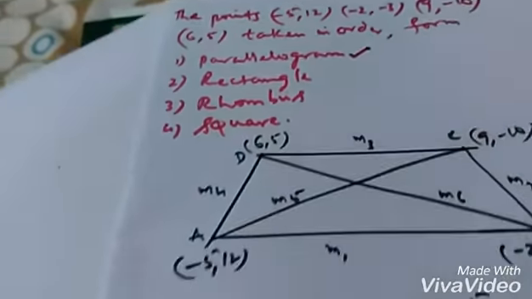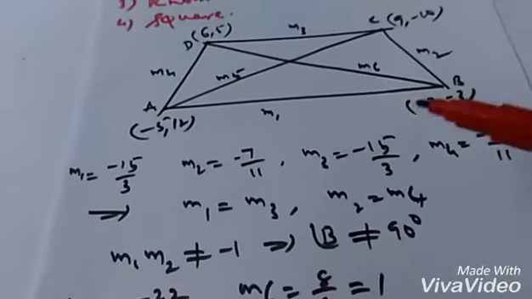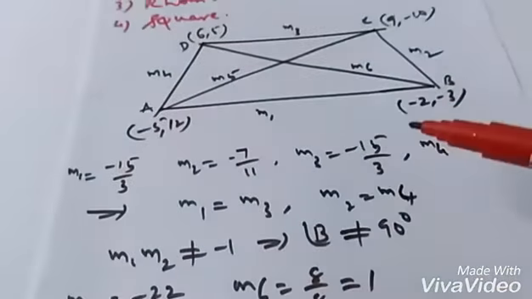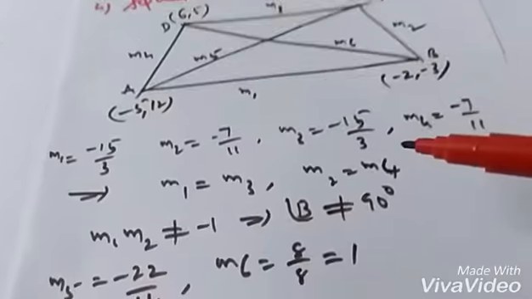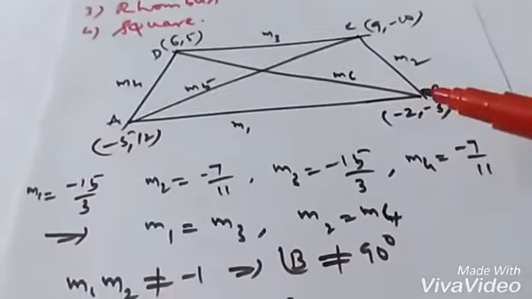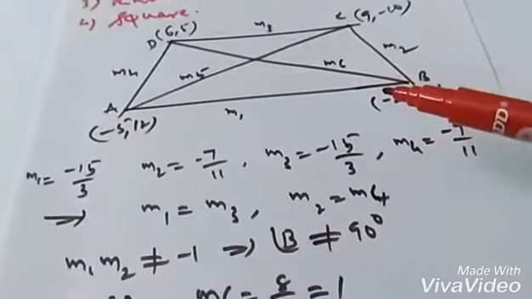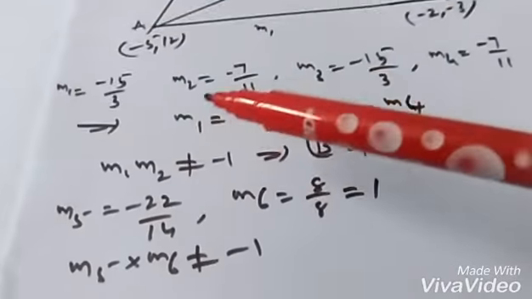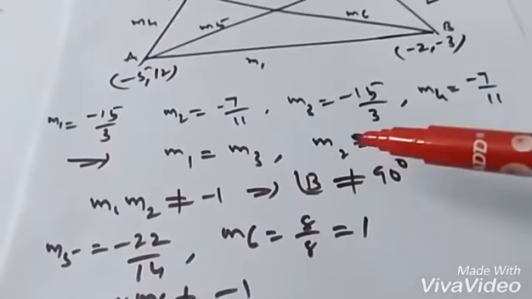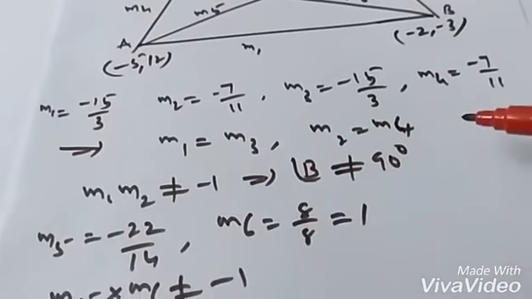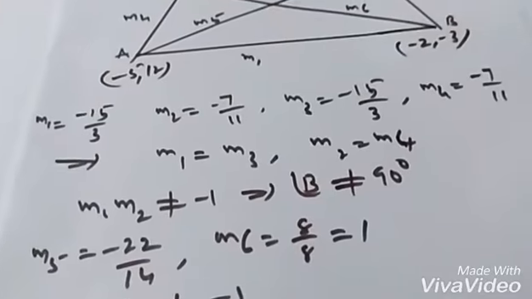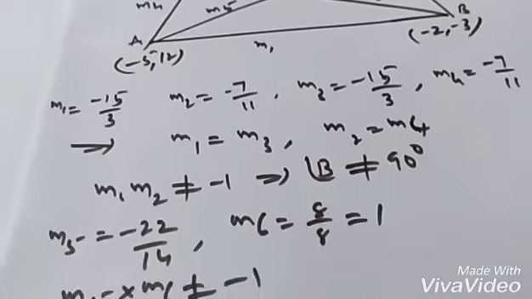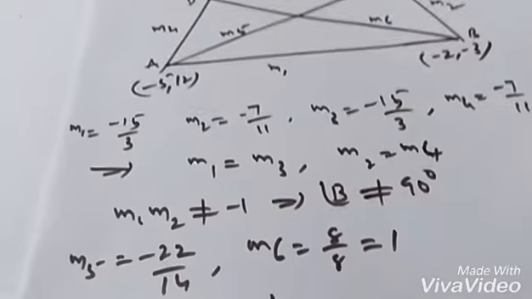So you got it. I found out M1, M2, M3, M4, M5 and M6. That means the 4 side slopes and 2 diagonal slopes. Here M1 is equal to M3, M2 is equal to M4, that means opposite sides are parallel. Because opposite sides are parallel, it can be anything.